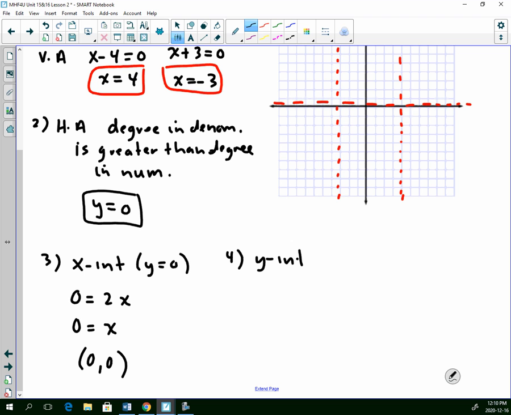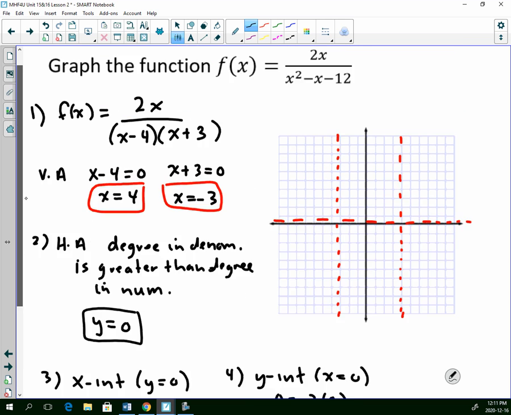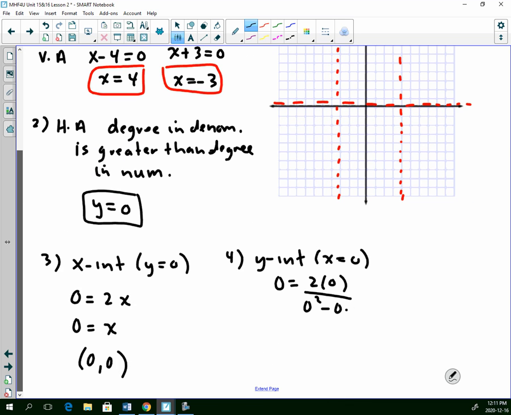And my y-intercept, I'm going to let x equal 0. What's my equation? Minus x minus 12, so that's also 0. So I have an x and y-intercept at 0, 0.